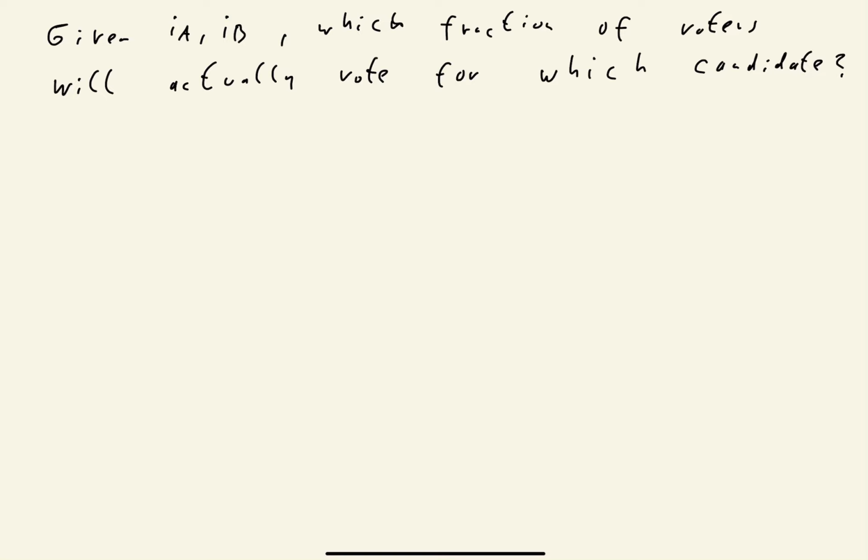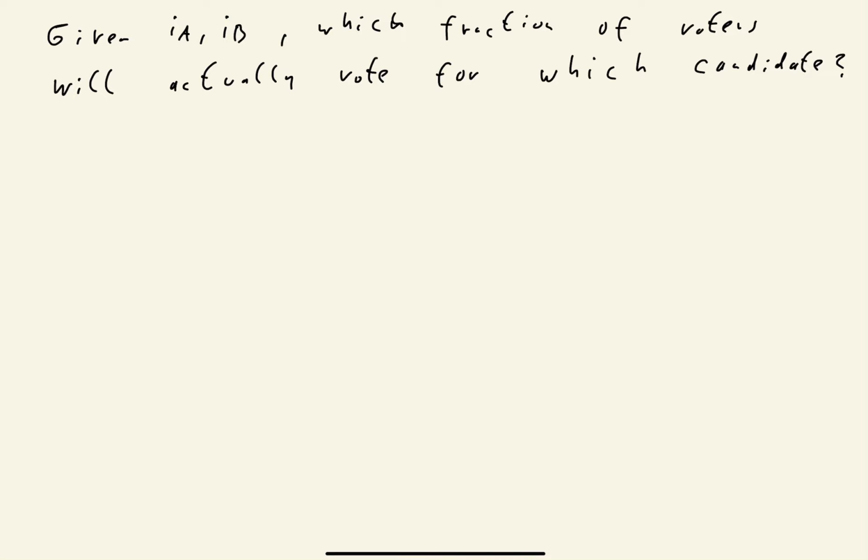Now we know the behavior of the voters, and let's have a look at which mass or fraction of voters is going to vote for each of the candidates, because this will be important to determine who is actually winning depending on the chosen ideologies.